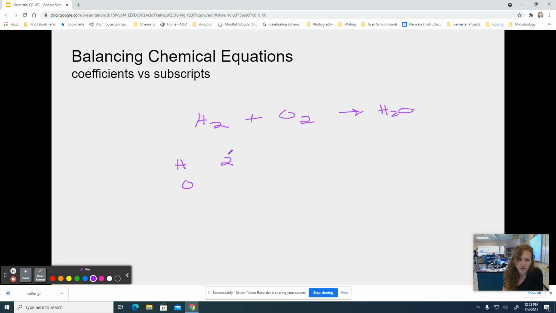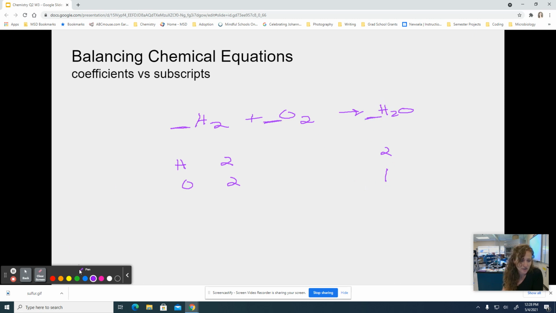So I have 2 hydrogens on the reactant side. I have 2 hydrogens on the product side. I have 2 oxygens on the reactant side. I have 1 oxygen on the product side. Now, by doing this, I'm keeping track of things, and I can clearly see now that my hydrogens are balanced, my oxygen is unbalanced. Remember, I can only change the coefficients.